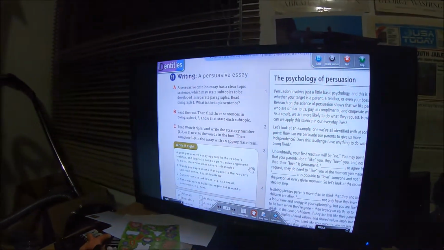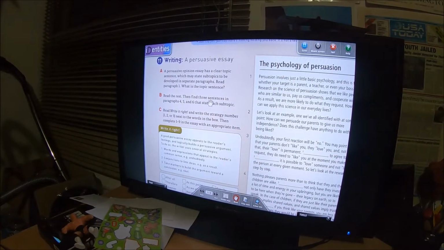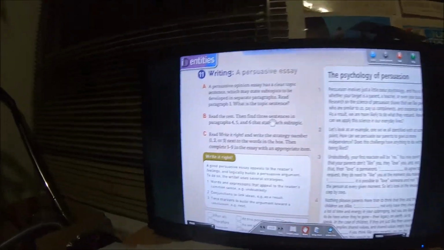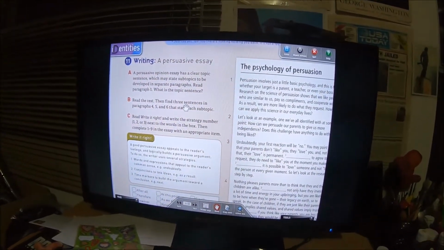I'm going to be talking today about our next writing assignment, which will be our third and final one of the quarter. If you go to page 113, that's where we are going to be. As you can see, our writing assignment is going to be a persuasive essay.